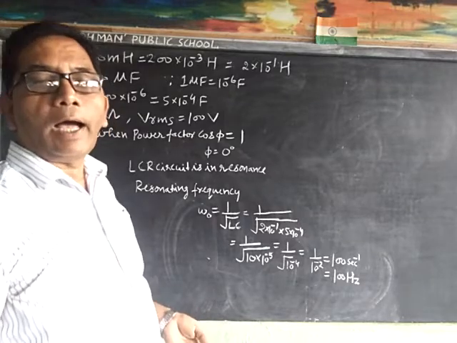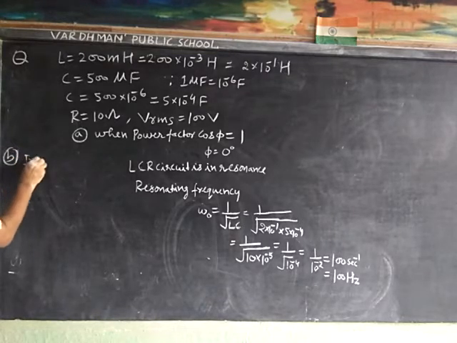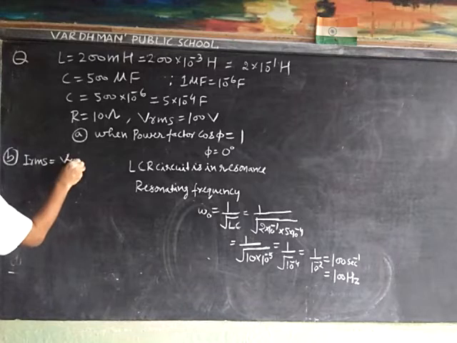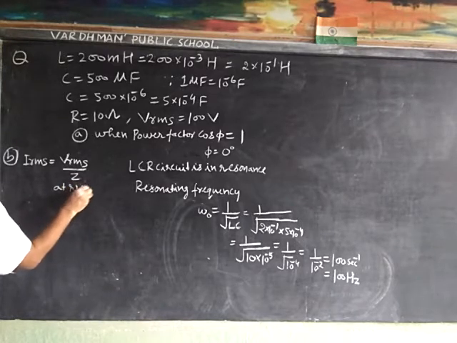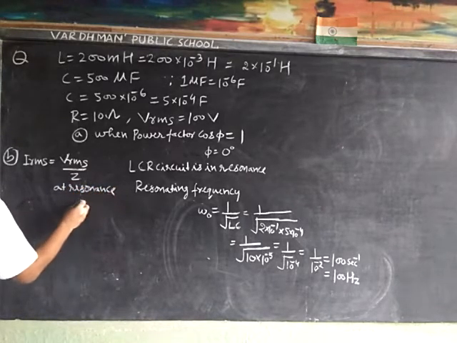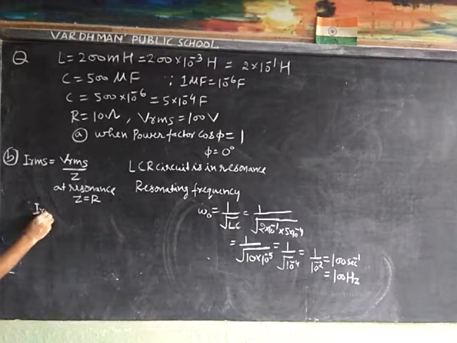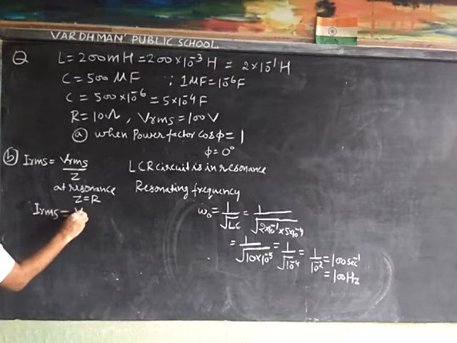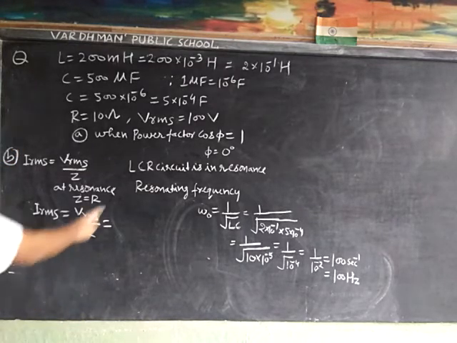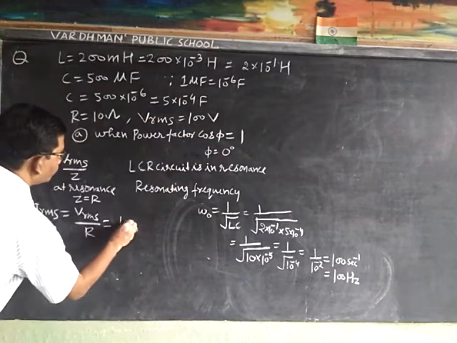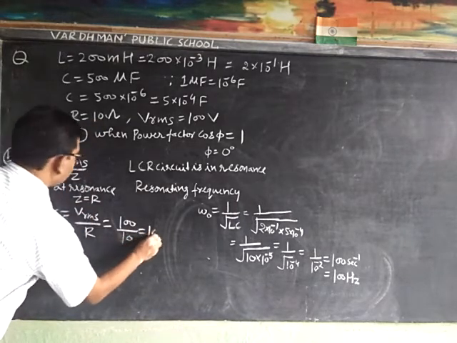We know IRMS is equal to VRMS upon Z. At resonance, Z is equal to R. Therefore IRMS is equal to VRMS upon R. Now VRMS 100 volt upon R 10 ohm, that is 10 ampere.